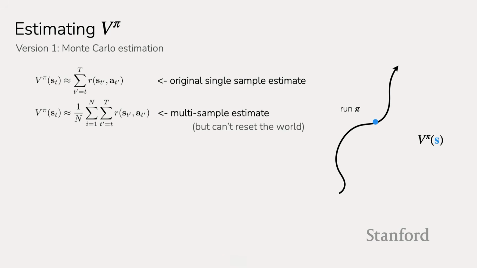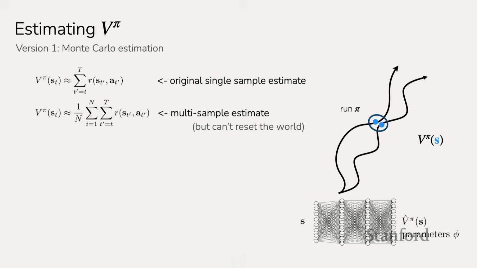Since we can't directly reset and take lots of samples, what we can do is use multiple trajectories that we had sampled and train a single model on the original single sample estimate. The trajectories that we have will have some states in them that are similar, so you'll be able to essentially amortize the data.